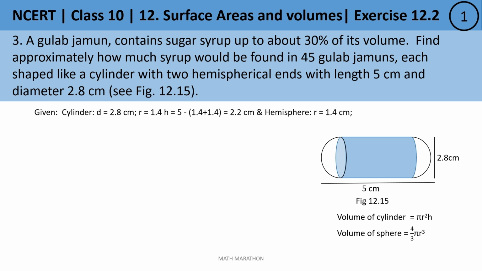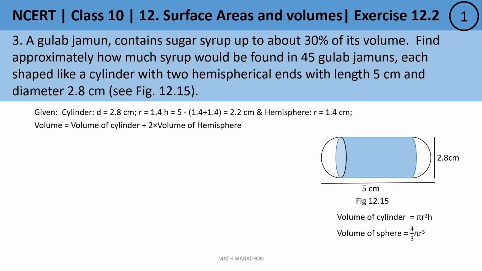Height H is total height of gulab jamun minus radius of two hemispheres. So, height H is 5 minus 1.4 minus 1.4. So, height H is 2.2 cm. Consider hemisphere. Radius R is 1.4 cm.